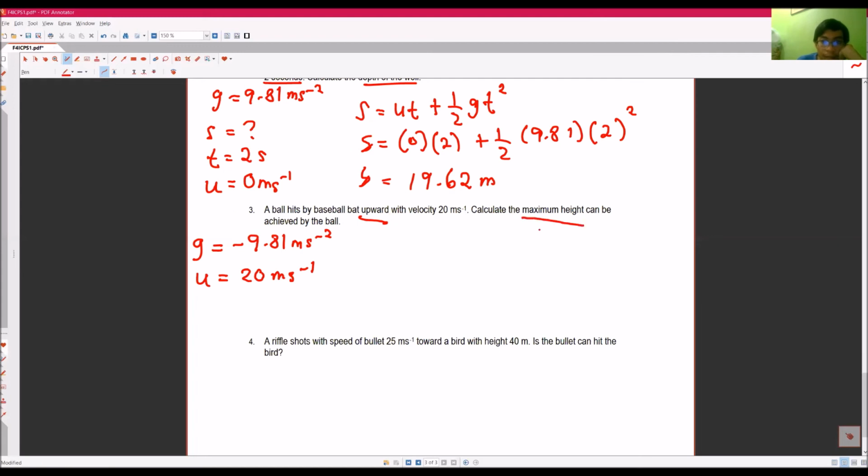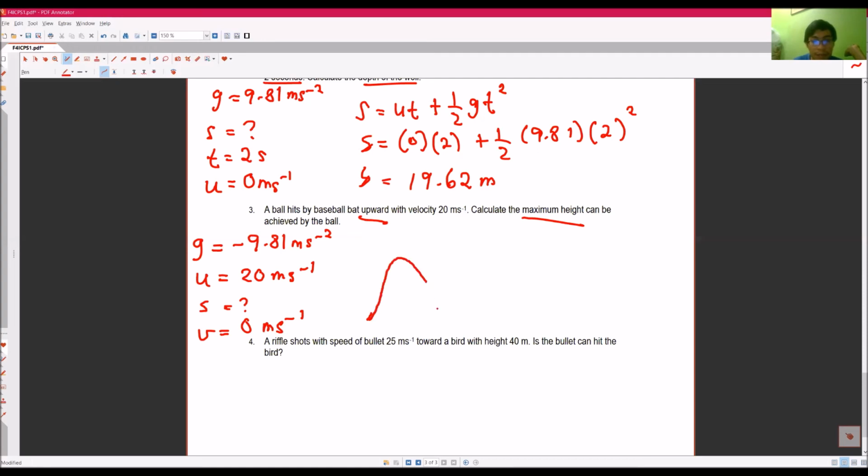So calculate the maximum height achieved by the ball. We need one more variable, which is v, the final velocity, which is 0. Because when the final velocity reaches 0, that means it's at the maximum height.